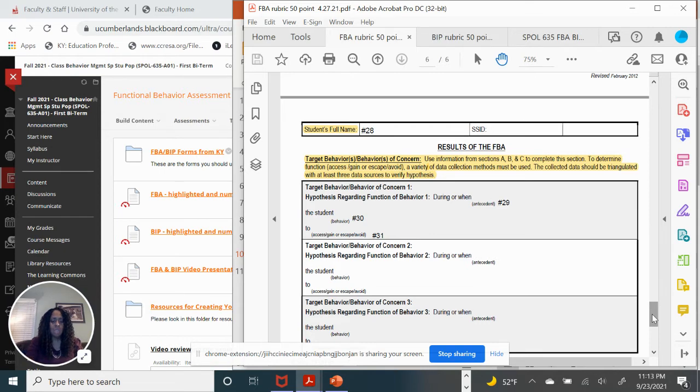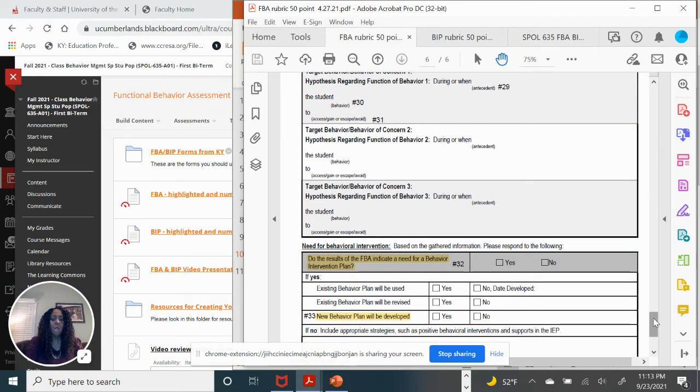You'll notice here that it says target behavior 1, target behavior 2, target behavior 3. You'll also notice that I only have numbers under target behavior 1. So you only have to include information for one behavior. You can include information for more, but you only have to include information for one behavior. In the real world, you might have a child who has a plethora of opportunities for growth and improvement.